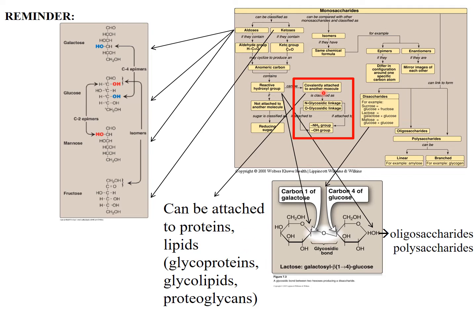In this case, carbohydrates are covalently attached to the protein, and they can attach through an amino acid which has an imino group or an amino acid which has a hydroxyl group in the terminal position of the side chain.